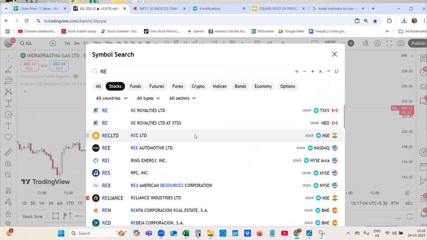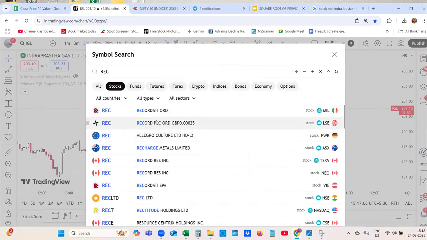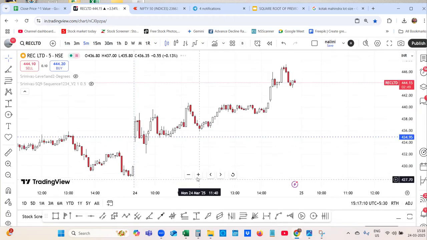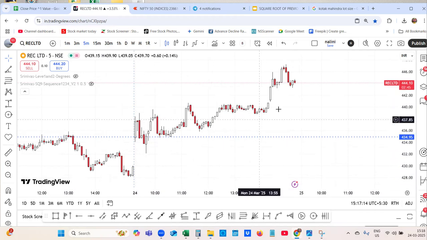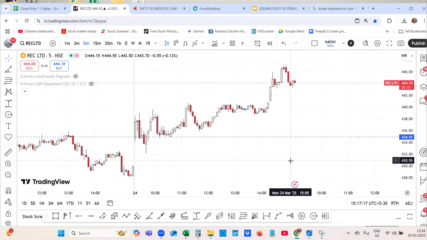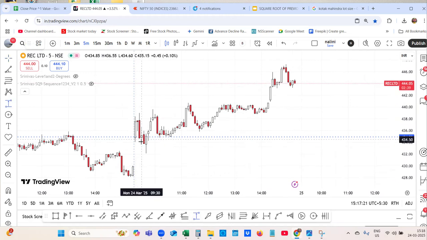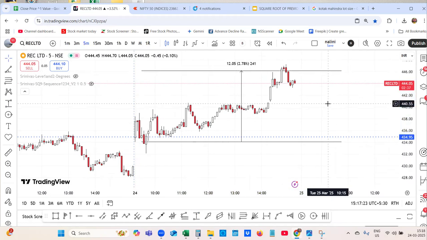And REC, Rural Electrification, had come in the screener. You can see how it has moved from 432 to 444. That is how much percentage? You can see the percentage is 2.78%. That is more than enough.